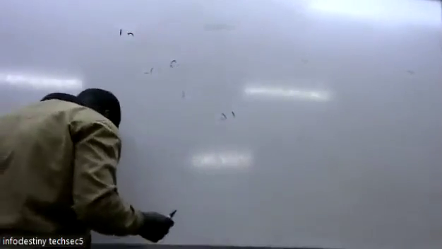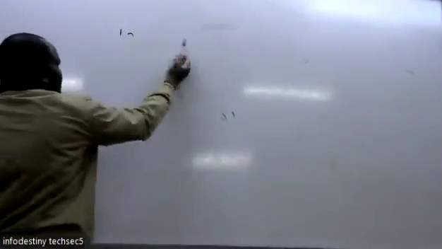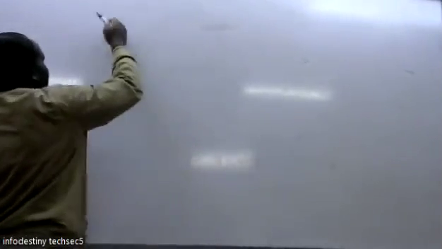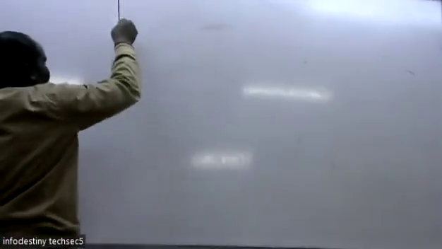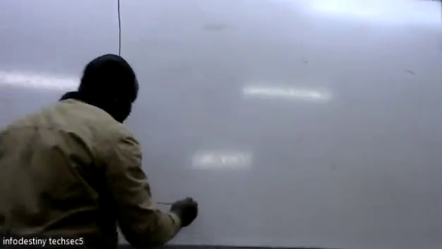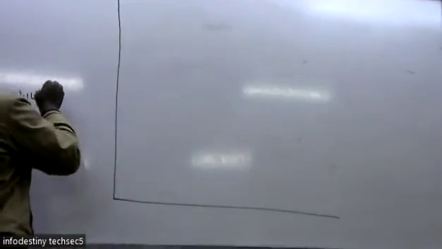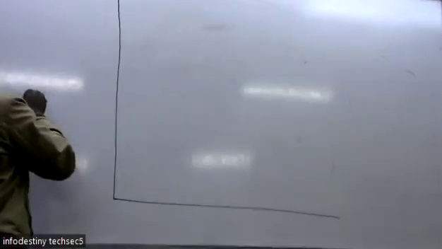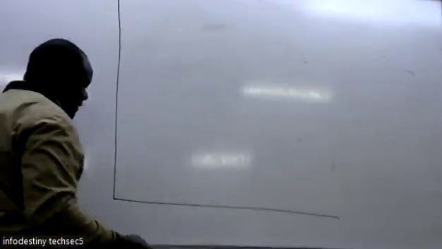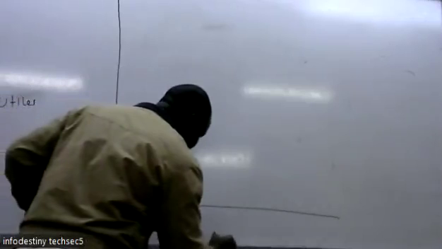In our diagram, we can have it like this. This side we put utility, and this side is amount.